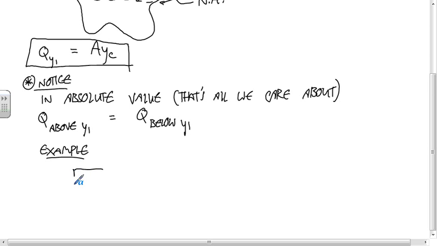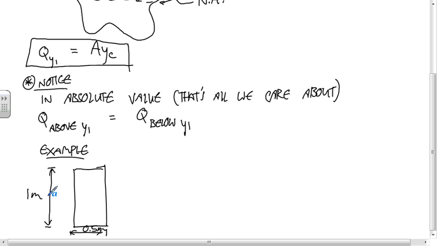So say that our cross section is this. Say this distance is 0.5, and the height is 1. Where's the neutral axis for this? How do you calculate the neutral axis?